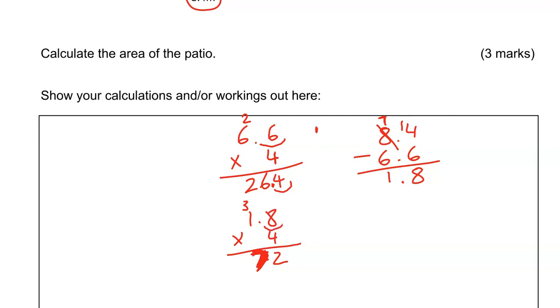Now we have one decimal place in the first number, but we don't have any in the second number, which is a 4, because it's a whole number. So we're going to give the answer one decimal place.